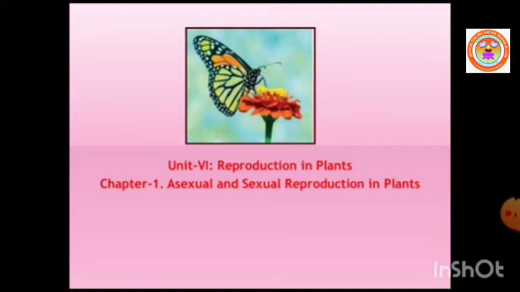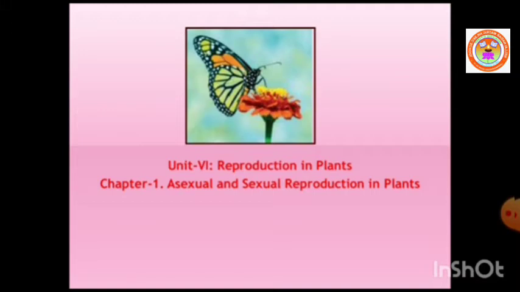Through this video session, we are going to continue unit number 6, reproduction in plants. In the previous two videos, in this unit, reproduction in plants, chapter asexual and sexual reproduction in plants, asexual reproduction and the different methods involved in asexual reproduction were discussed.